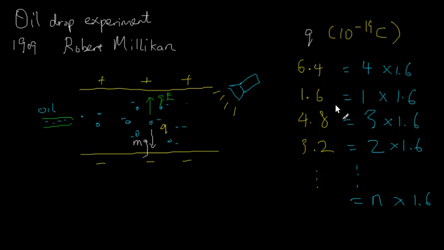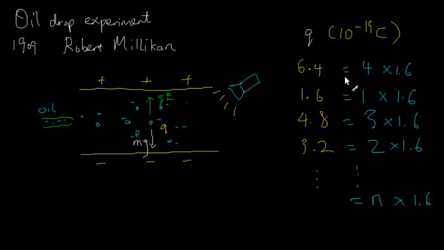What's wrong with that? But this was what was observed. So this very clear experiment shows that electric charge has to be in units of this 1.6 times 10 to the minus 19 coulomb. It can't be anywhere in between. You can't have a fraction of this 1.6 times 10 to the minus 19 coulomb.